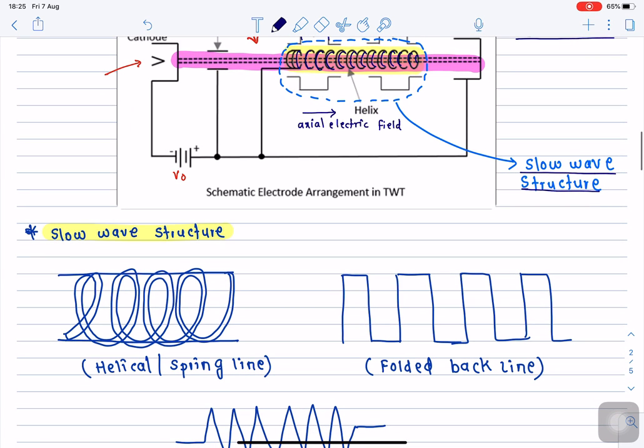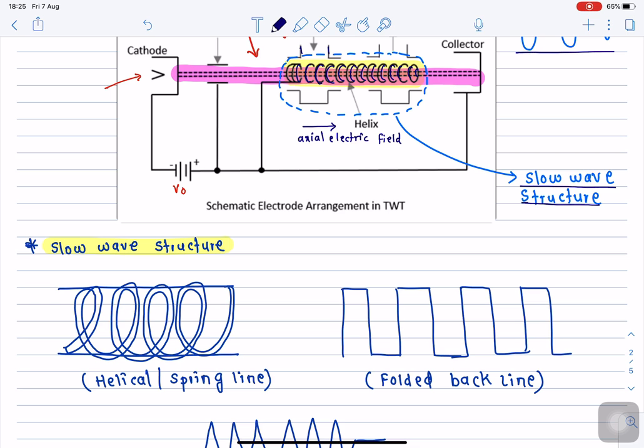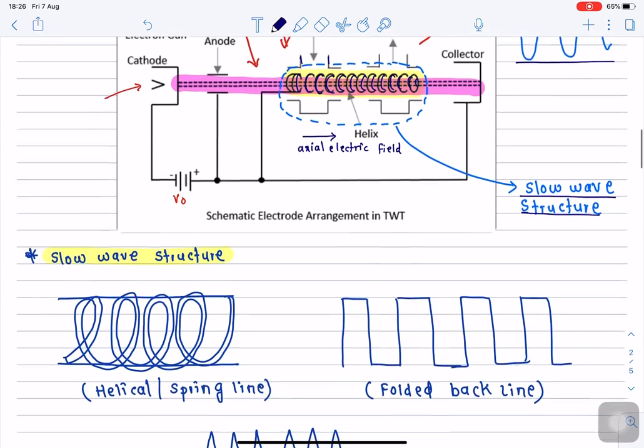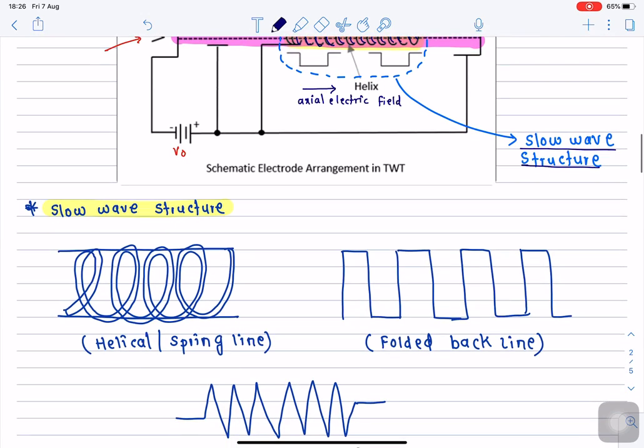When the bunching takes place over that length, we will adjust the phase of the microwave signal such that all the bunches of electrons give up their energy to the microwave signal, and thus the microwave signal, upon absorbing this energy from the bunches of electrons, will appear to be amplified, right? So this slow wave structure is a very basic and essential component of the traveling wave tube.